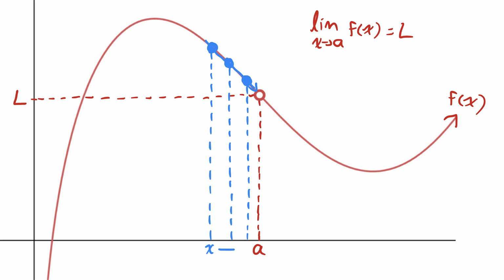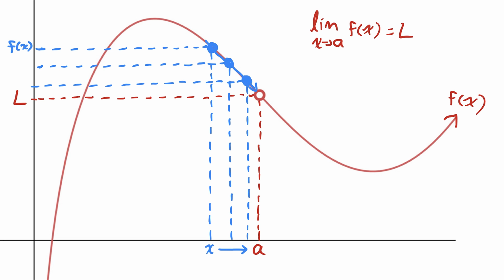As those x values of those points were getting closer to a from the left side of a, notice these points have x values to the left side of a, what's happening to the y values of these points? So let me connect these points to the y-axis so you can see their y values. And I'll label their y values f at x.